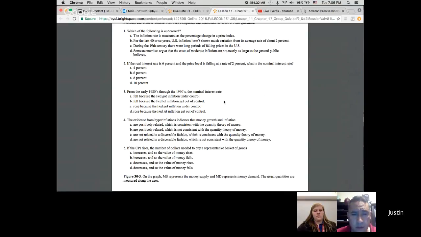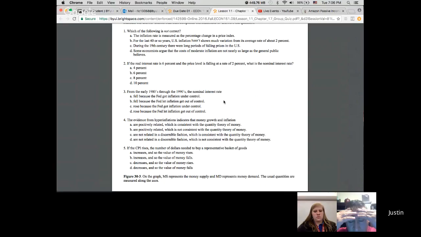So the nominal interest rate, I think the Fisher effect is a 1-for-1 adjustment of the nominal interest rate to the inflation rate.